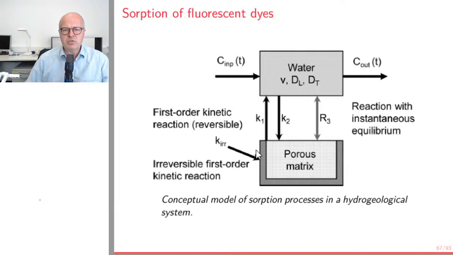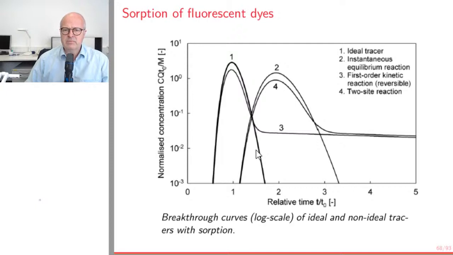So what are the sorption properties? First of all, the process, again: you have the input of water, interaction with the porous matrix or with the surface. This can be first order kinetic reactions or irreversible first order reactions whatsoever, and they affect the breakthrough curve. And this affects your use of tracers to assess hydrological systems. Now, an ideal tracer will not sorb. This is number one.